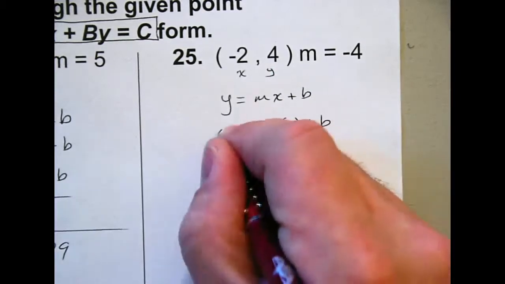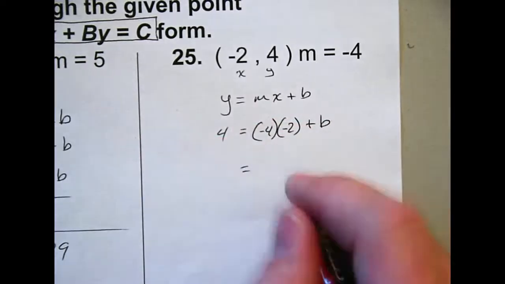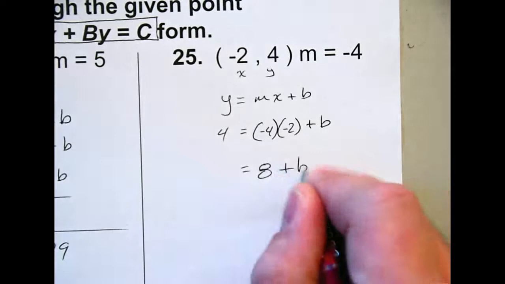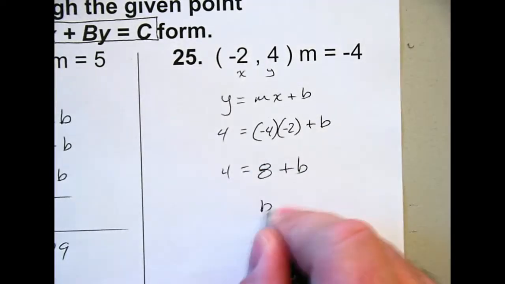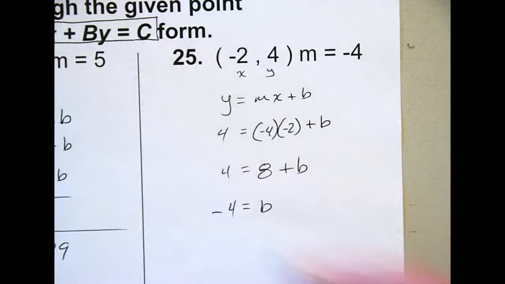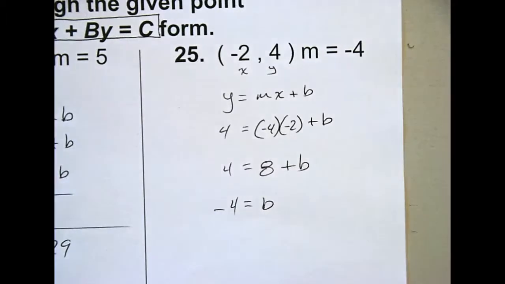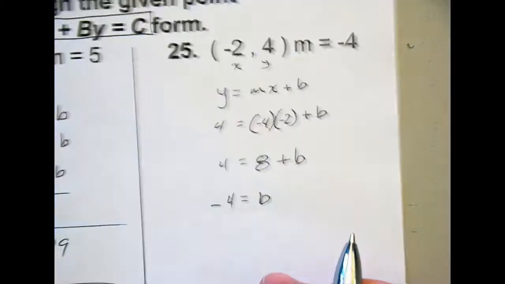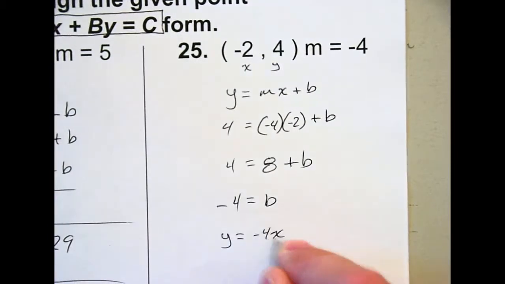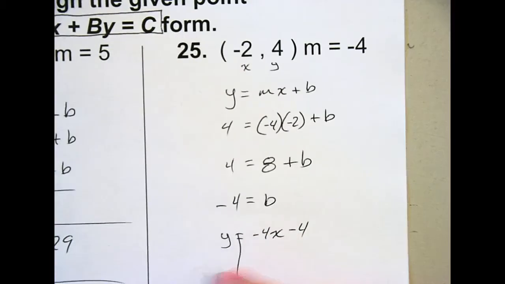We get positive 8 plus b equals 4. So b, negative 4. That what you guys got? Yeah? Okay. y equals negative 4x minus 4. We add our 4x. In this case, do we have to move any signs? No, we're good to go.